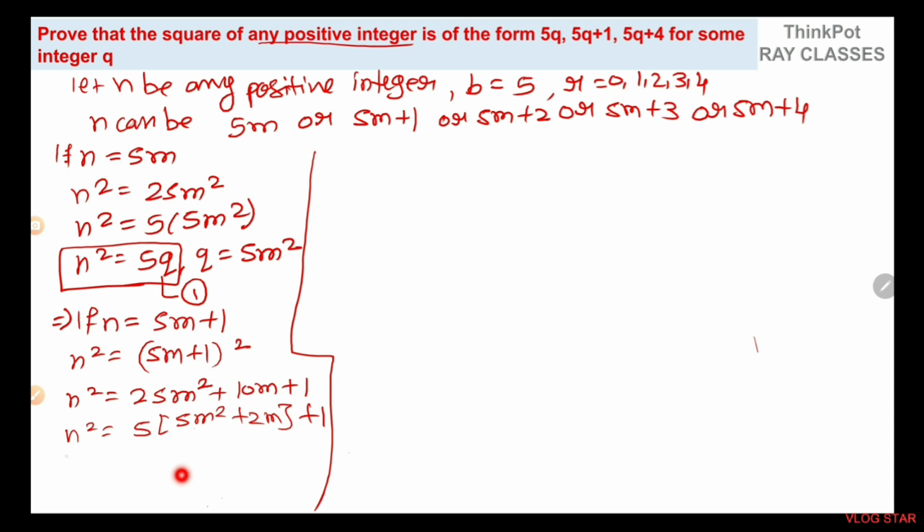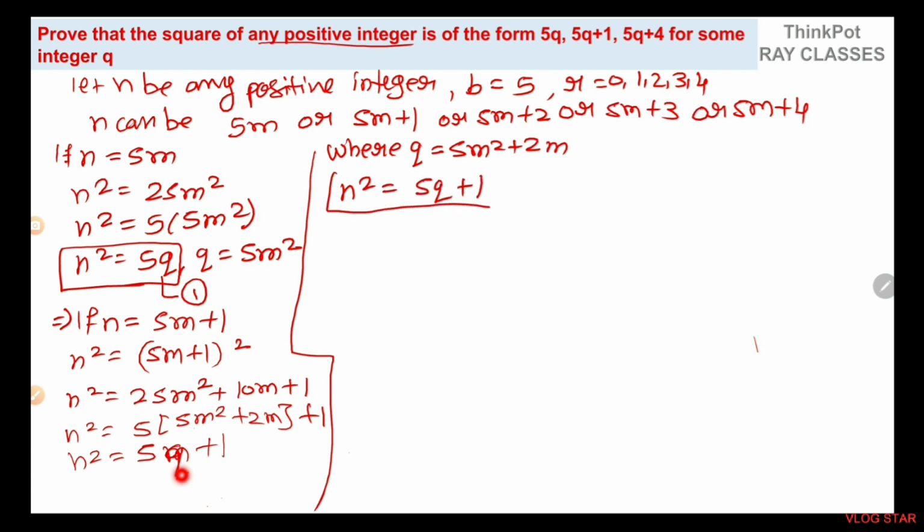So we can take n square is equal to 5q plus 1, where q is equal to 5m square plus 2m. So you have got n square is equal to 5q plus 1. That is point number 2, where we can see the square of the number is given by 5q plus 1.